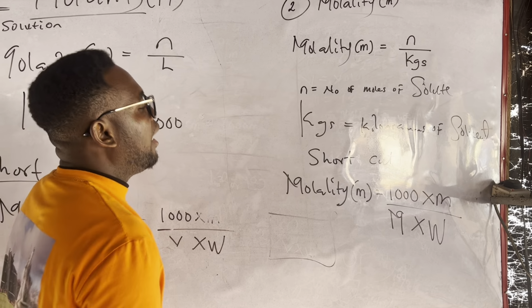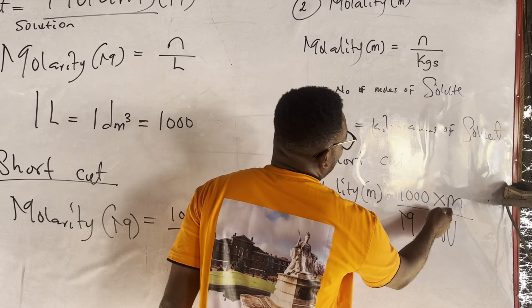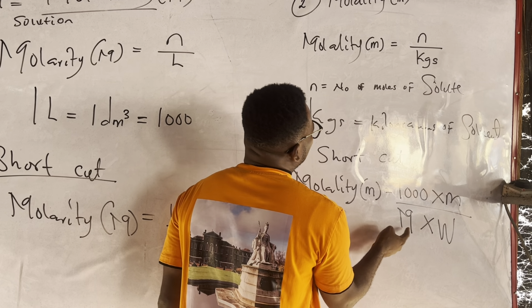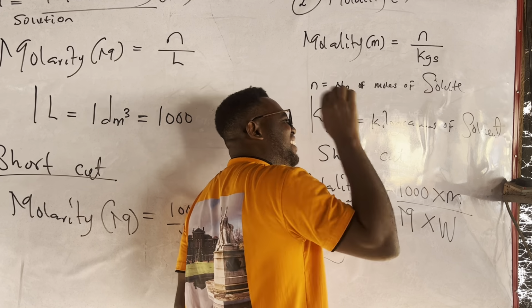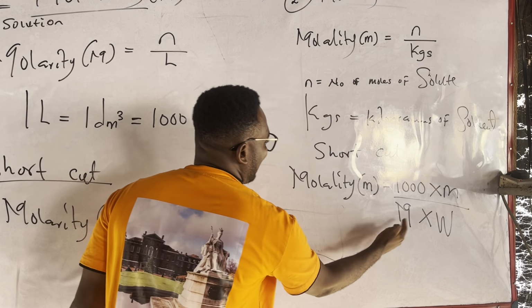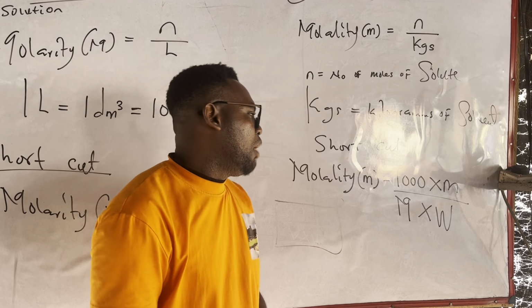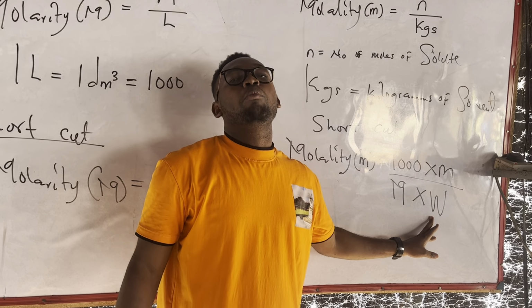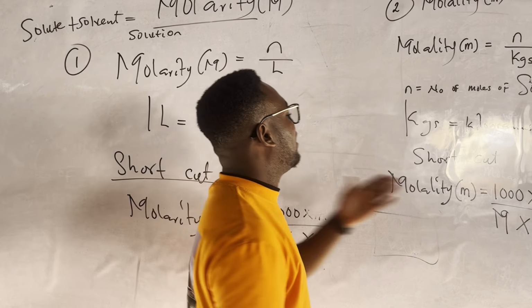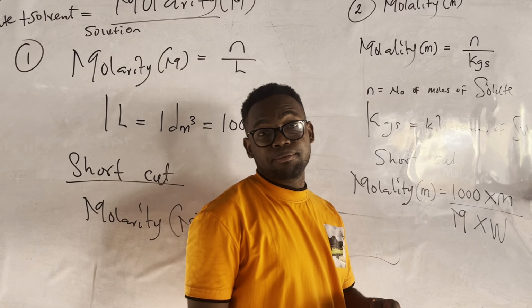Once again, this small m here stands for mass of solute. This capital letter M here stands for mass of solvent in grams. While this W here stands for molecular weight of solute.